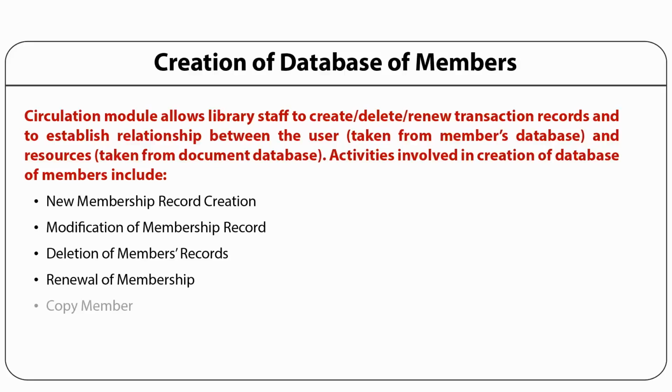Number 5. Copy member. One may copy an existing membership record and use it with a new membership code. This option is useful when a library member changes his or her credentials by shifting to another department or joining a new course altogether. Number 6. Search member.